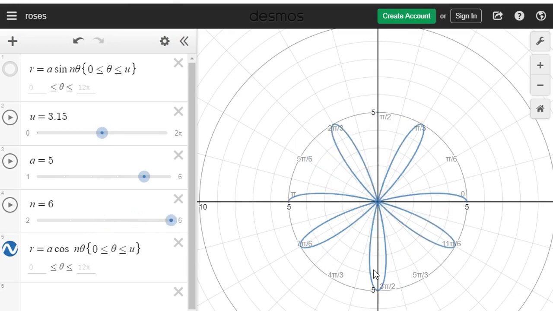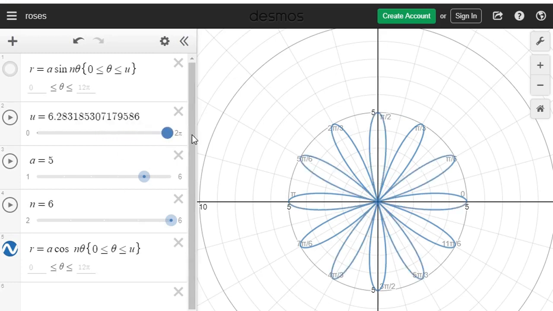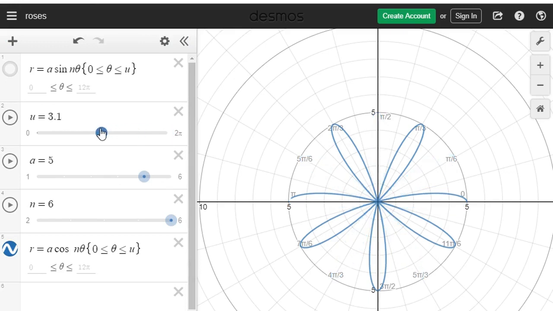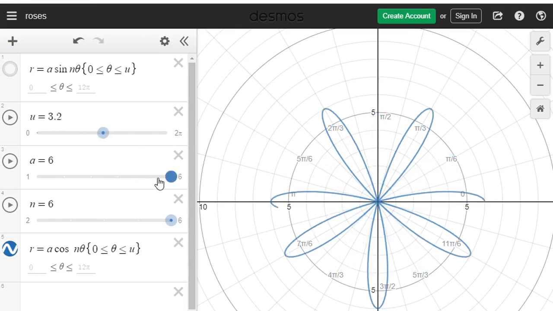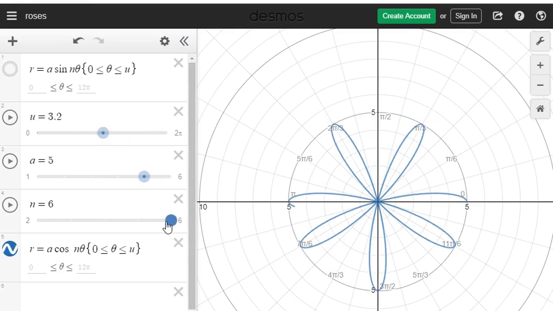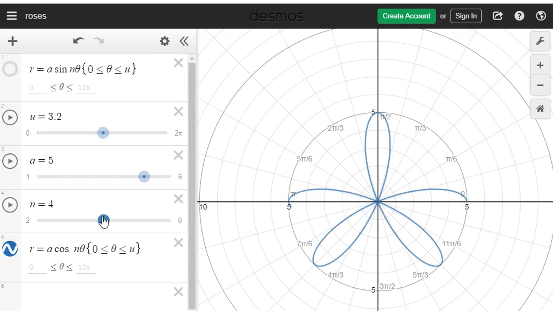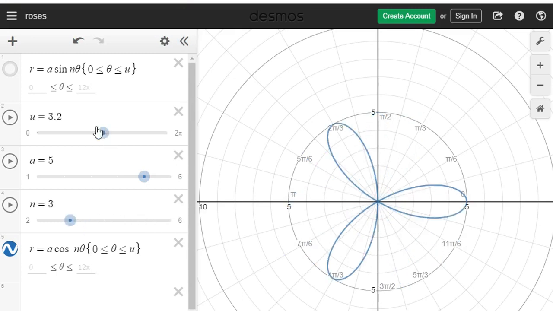At 6, I have 5 full petals and 2 half petals, so that's a total of 6. But notice that it continues to go. Whereas if I have 5 petals or 3 petals, I don't really need to go any further past π. So that's an important thing to keep in mind.